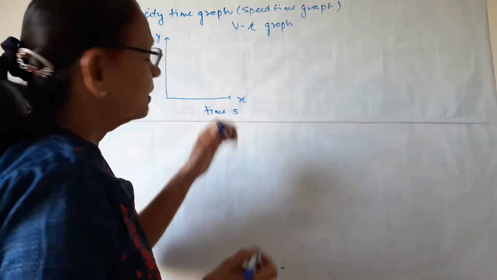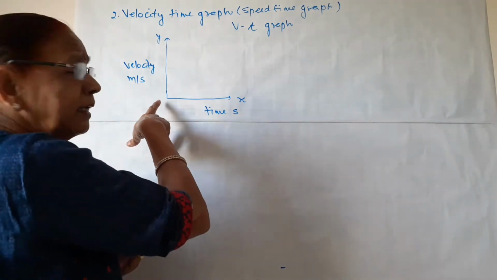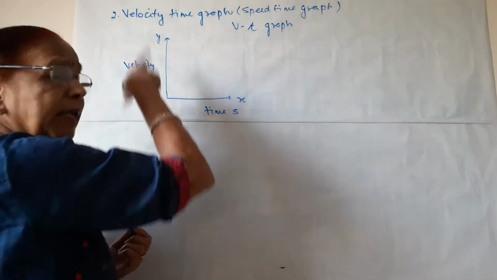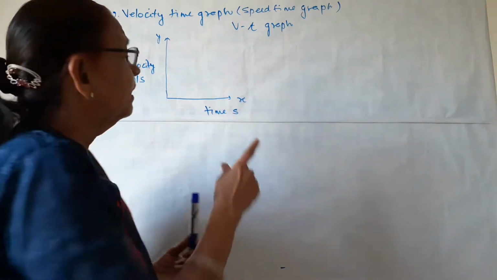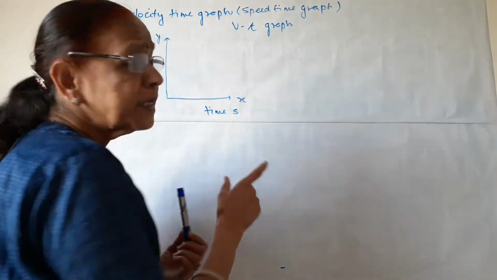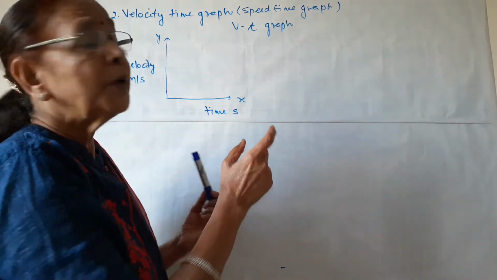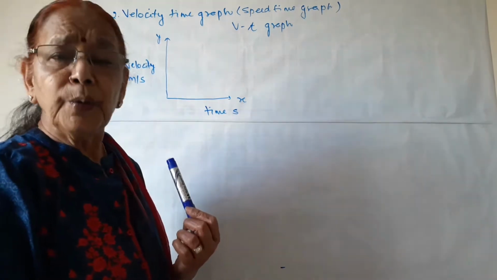The values for velocity or speed are taken on the vertical y-axis and the time is taken on the x-axis. This graph represents the change of value of velocity with relation to time.